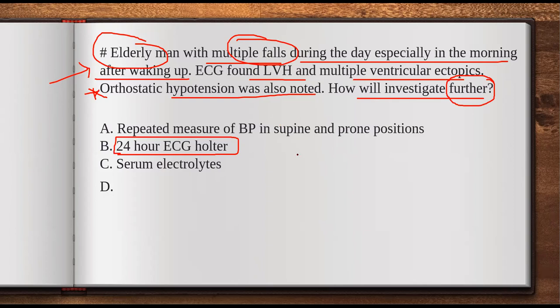We don't do supine and prone position to find out orthostatic hypotension. We check in standing and lying position or standing and sitting position. So even if they asked it as a next step, in this case we would not choose A, because they're saying supine and prone position, which we don't do.